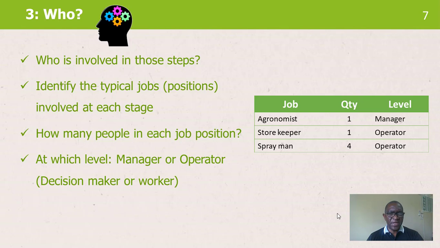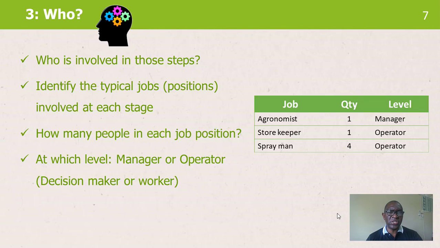The objective now is to identify the posts or typical jobs involved in the process, along with the tasks that are common to this type of job. Each job is related to a range of activities that are carried out during one or several stages of the process.